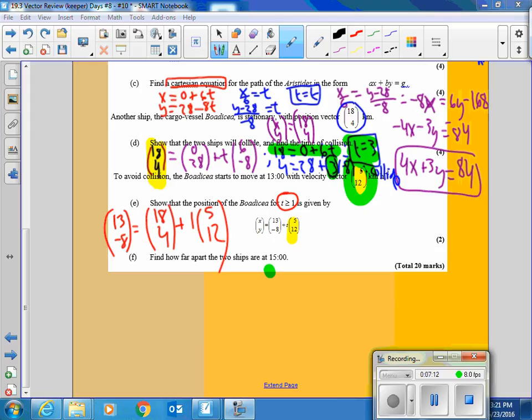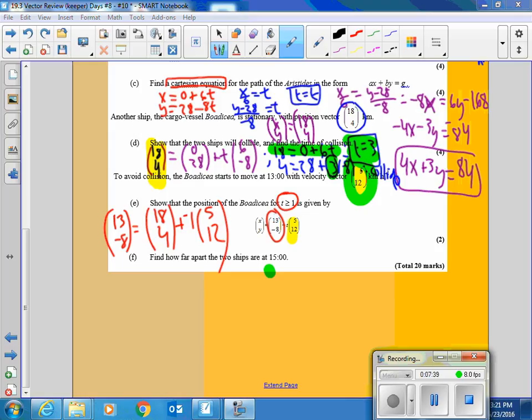When you go 1 hour later, the time is going to be 1 hour less. And so we're going to multiply this by negative 1 to get this starting point, (13, negative 8). So 18 minus 5 is 13. 4 minus 12 is negative 8. So that's how they get that.